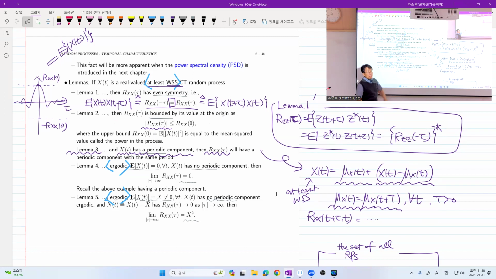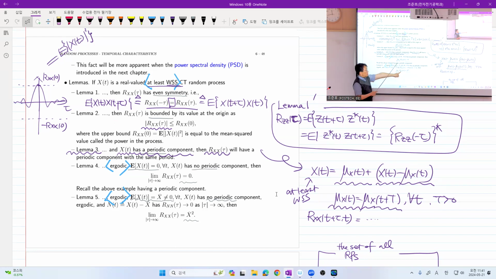Now your autocorrelation is what? Some non-zero mean component plus a zero mean component. And if you take this correlation, the non-zero mean component, whether it is negative or positive, becomes some positive squared or negative squared, which is always positive. So what you have is this one. See that?